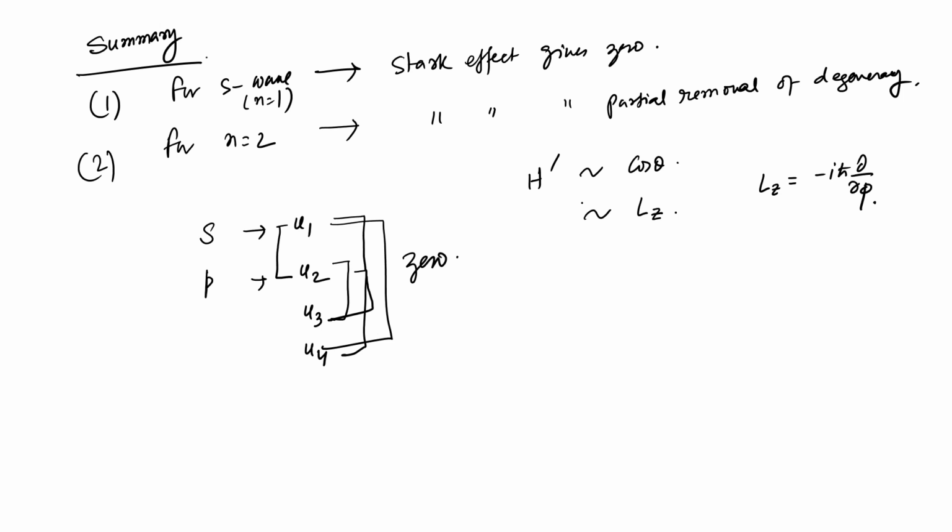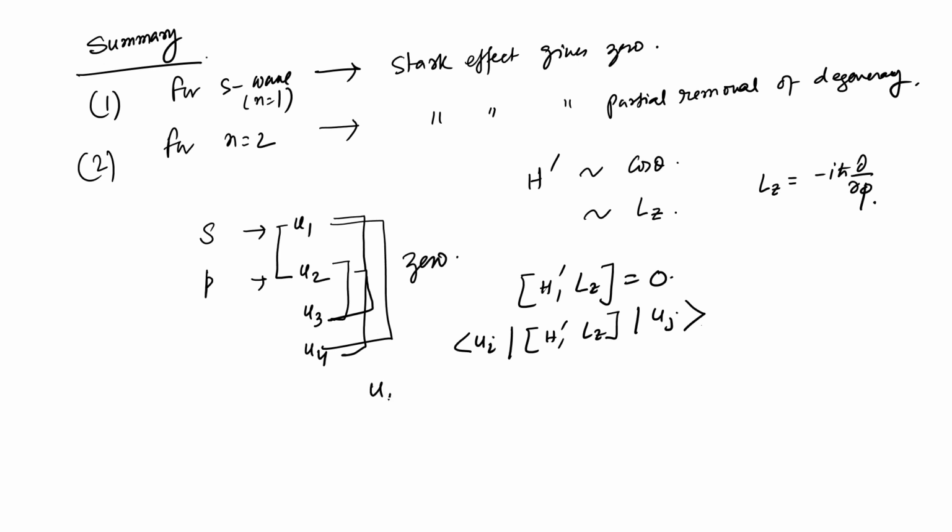So, H prime is like z. So, H prime and Lz commute, and that means the matrix element of Lz also becomes equal to 0 between two states, right.